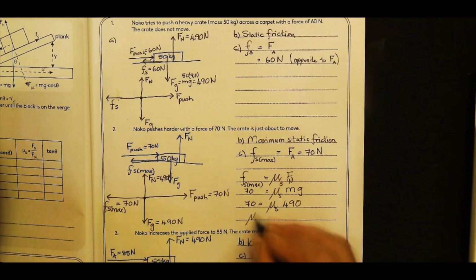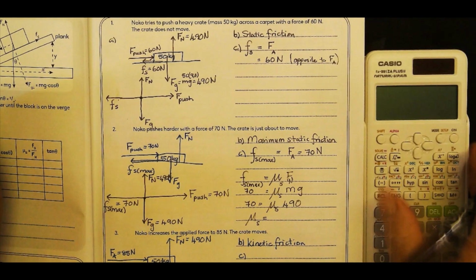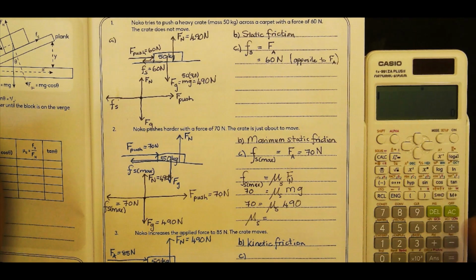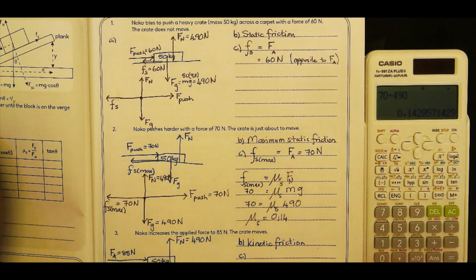For the first time we have enough information to get the coefficient of static friction. 70 divided by 490 gives us 0.14.